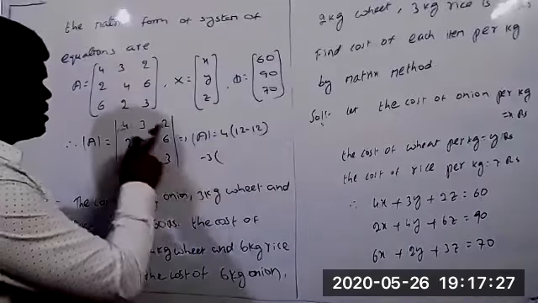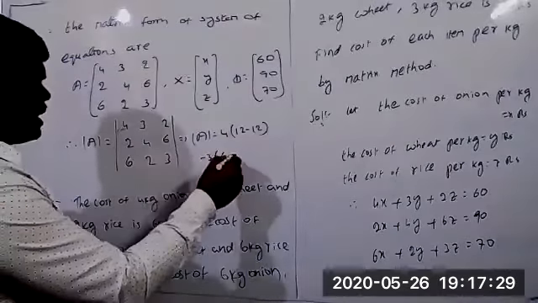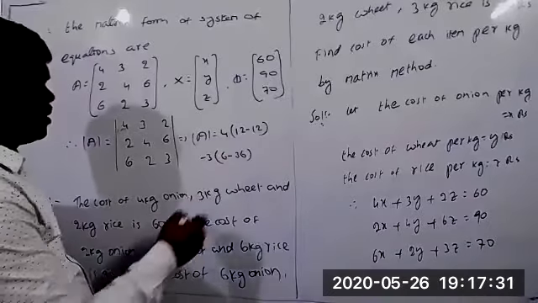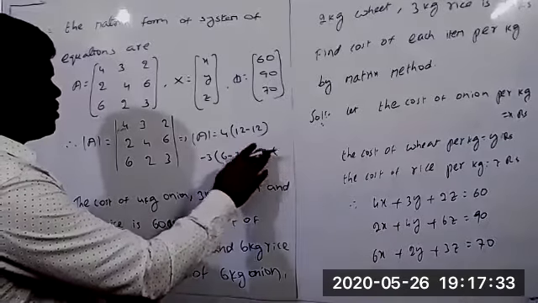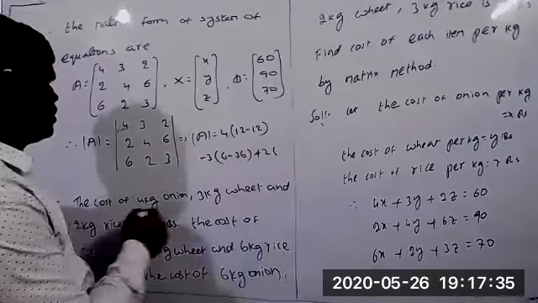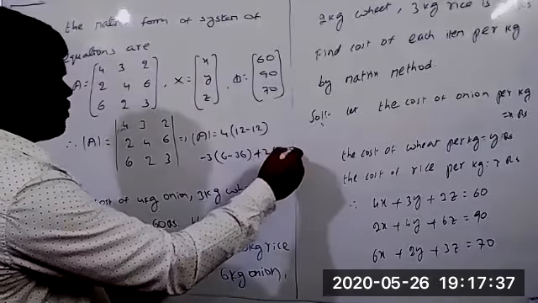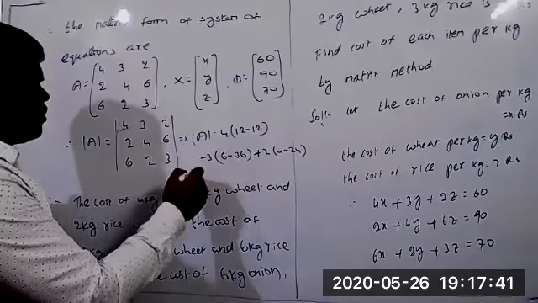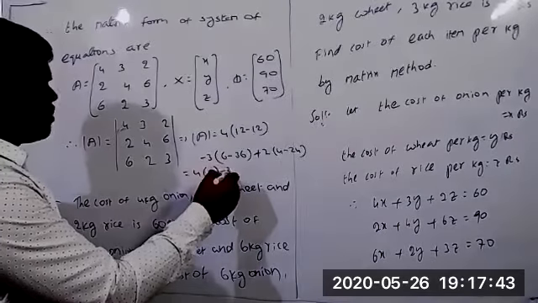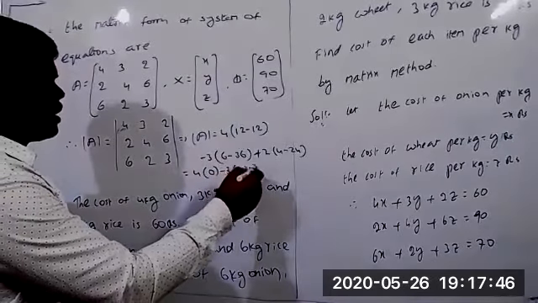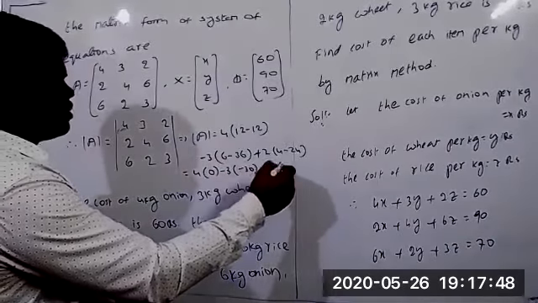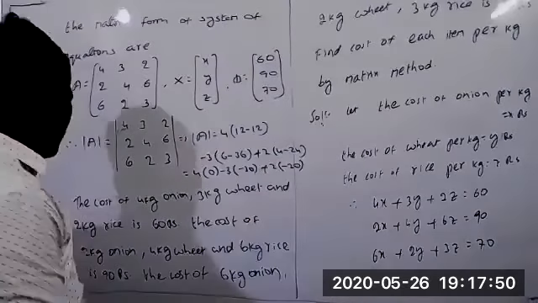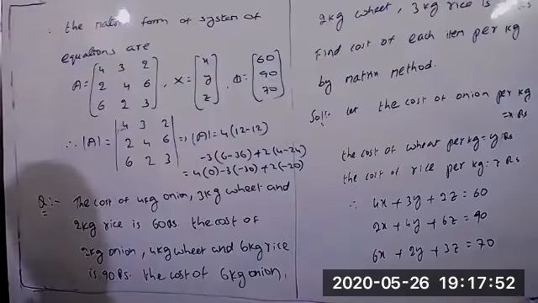Next, minus 3 into 6 minus 36, plus 2 into 4 minus 24. Clearly, 4 into 12 minus 12 equals 0, and minus 3 into minus 30, and plus 2 into minus 20.